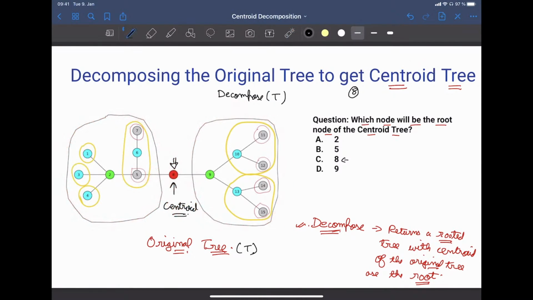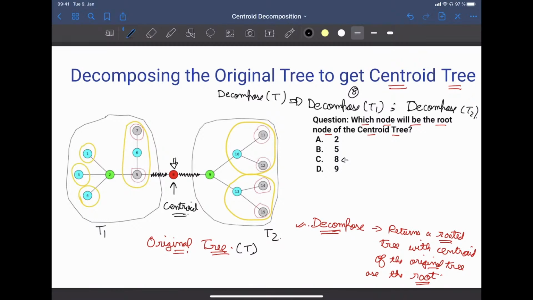Okay? This is what we do. Let the left tree be T1 and the right tree be T2. We recursively call decompose T1, decompose T2. And these are independent subproblems in a way because you have already removed this edge. This edge does not exist anymore. You find the centroid, remove the corresponding edges, and you get a bunch of smaller trees.